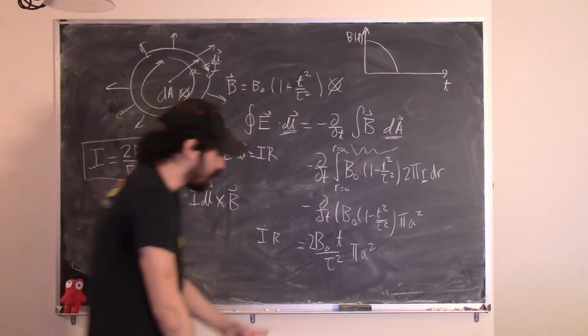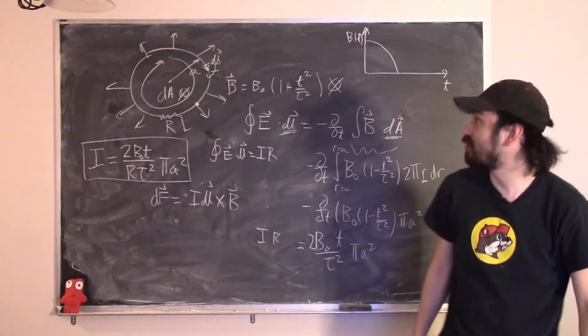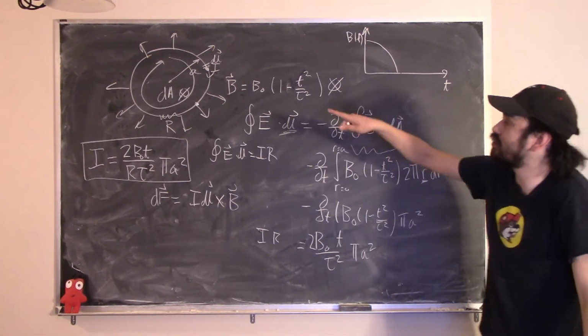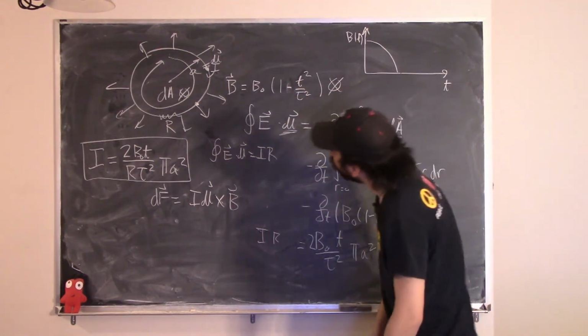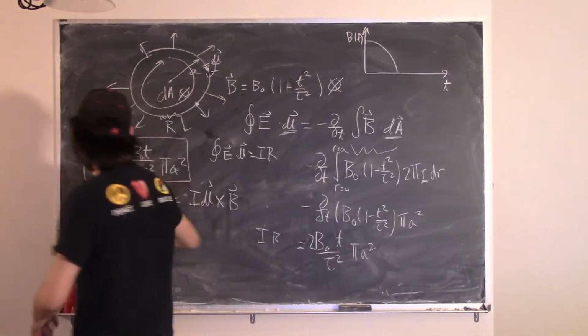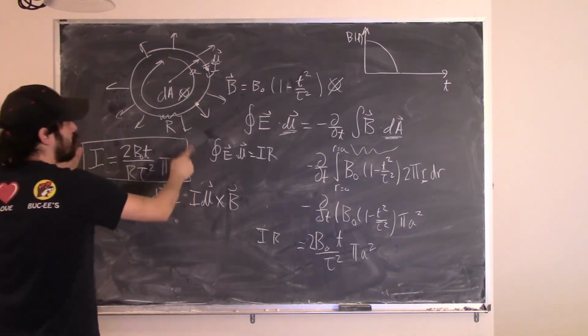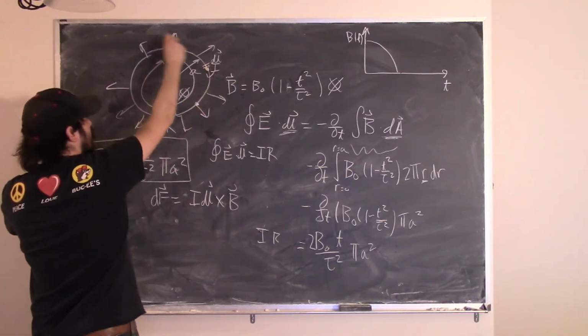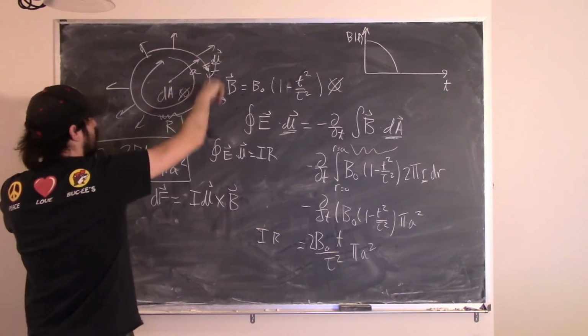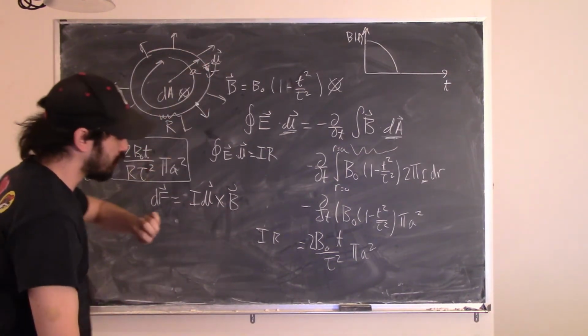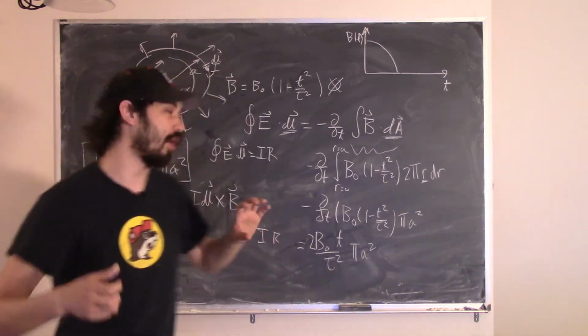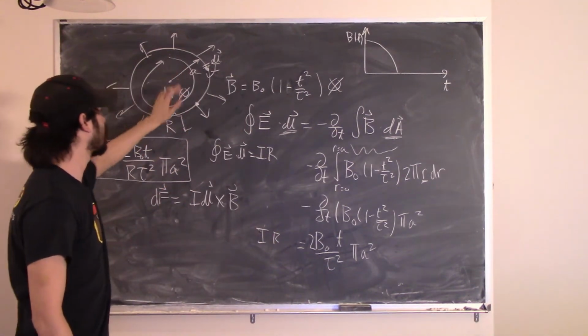We can check that from another approach to think about what's the direction of the induced magnetic field. So we found from Faraday's law that our current is going to have this value, but it's going to be going around in the clockwise direction. Does that produce a magnetic field that counteracts the change of magnetic flux?